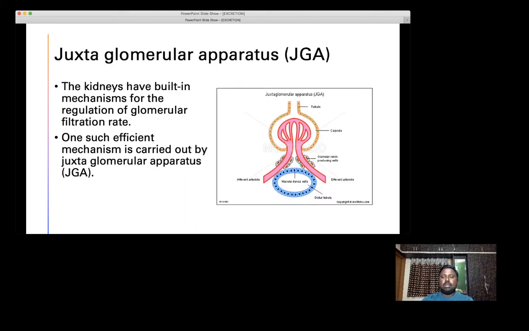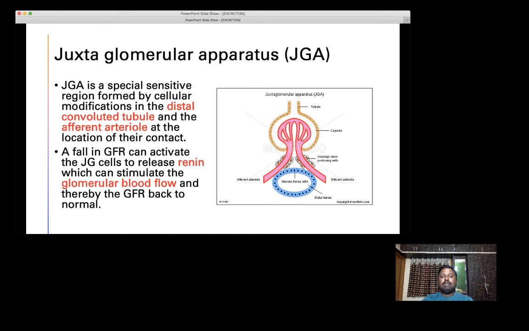Next is regulation. Whatever function is done by an organ is also regulated by some organ. Here the kidney has a built-in mechanism for regulation. This organ is called the juxtaglomerular apparatus, shortly JGA. What is the function of this JGA? JGA is a special sensitive region formed by cellular modification of the distal convoluted tubule and the afferent arteriole.